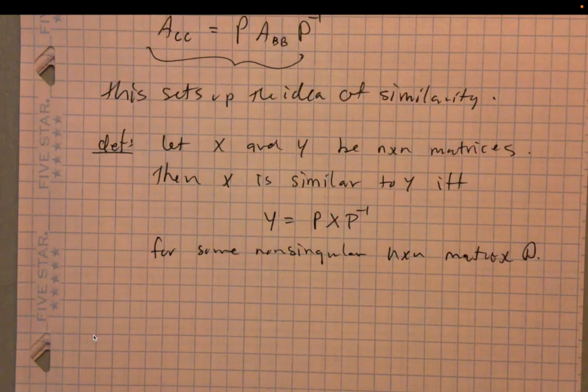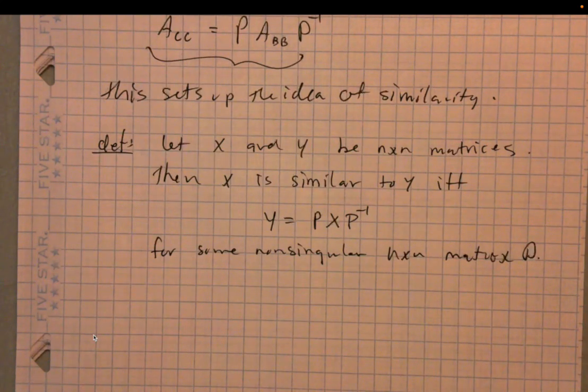So if I have two matrices X and Y, and I'm able to find some non-singular n by n matrix P such that P times X times P inverse is equal to Y, then X is similar to Y.